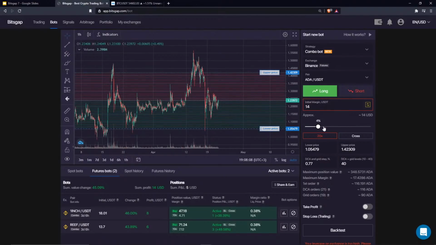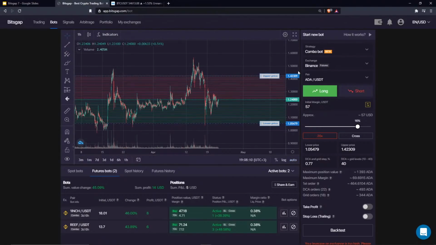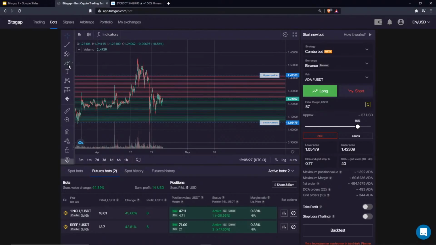Yeah. So the difference between the combo bot and traditional spot market bots is that in the combo bot we have this combination of grid levels and DCA levels. So the thing is that DCA orders increase the position's value by adding more liquidity, and grid orders are technically your take profit orders.